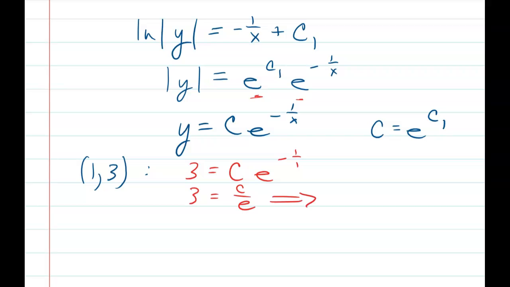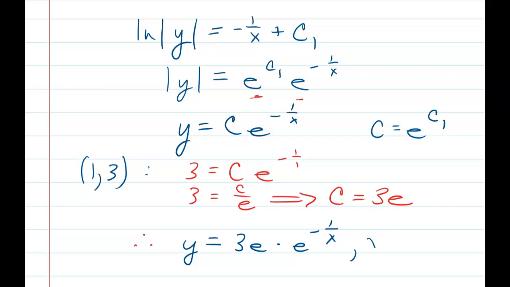And from that, we can see, interesting language there, that the letter c, our constant, is 3 times e. And that allows us finally to write our function. It's y is equal to 3e times e to the negative 1 over x.